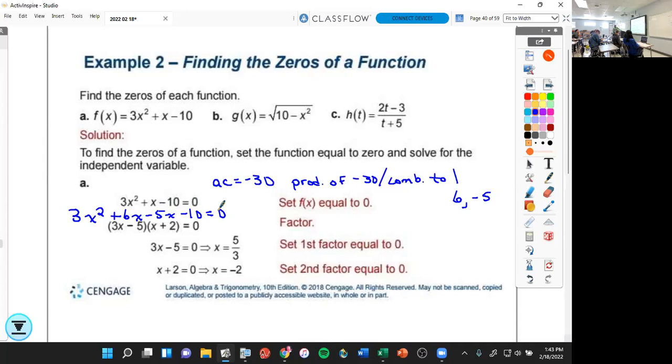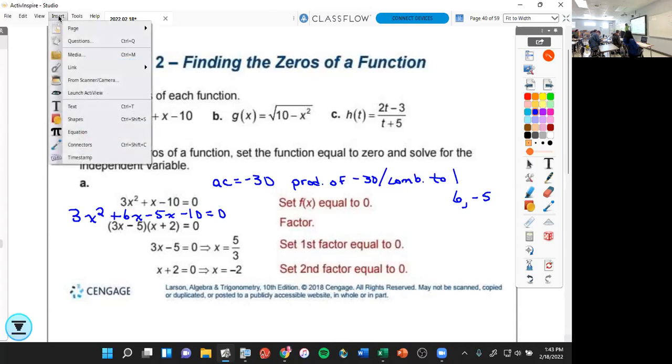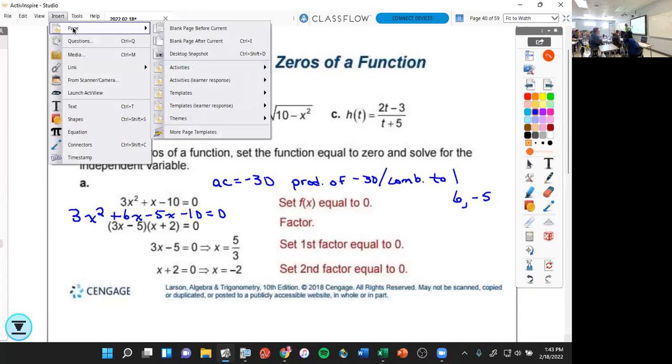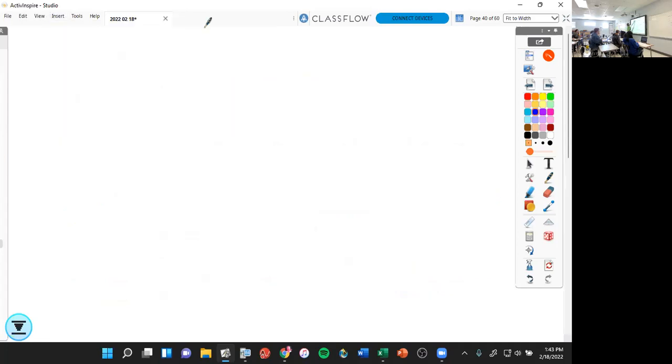Did I show y'all how to factor doing illegal math? You might want to jot some notes down on this. I'm about to show y'all some illegal math.